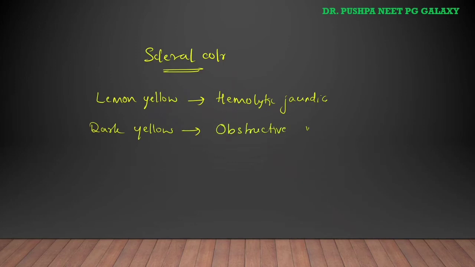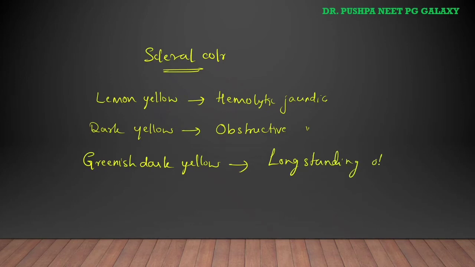If it is greenish dark yellow, it is long-standing obstructive jaundice due to oxidation of bilirubin to biliverdin. There is conversion of bilirubin to biliverdin.